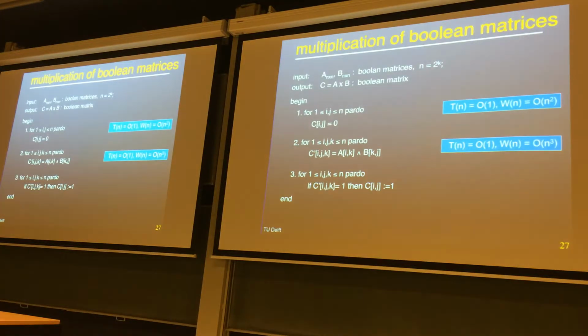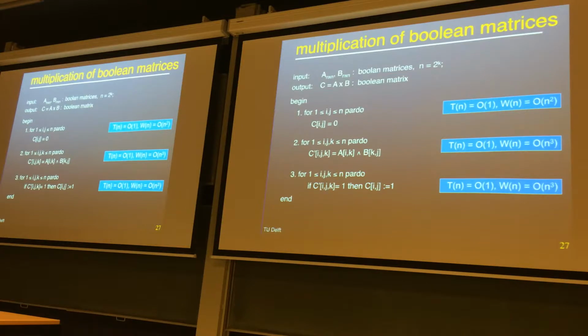So the total computation time for each of the 3 steps is a constant amount of time, and O(n^3) amount of work. So the total time indeed is constant, and the total number of operations is cubic.